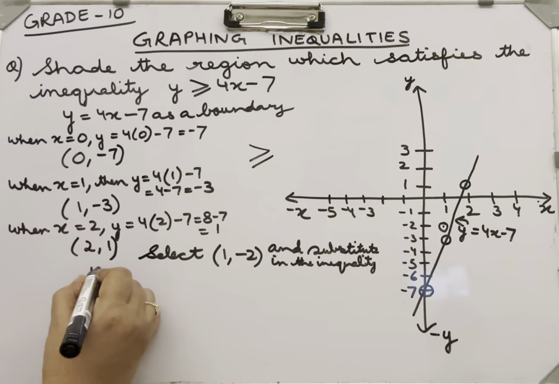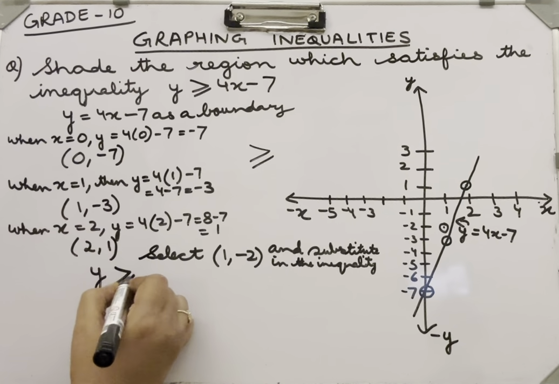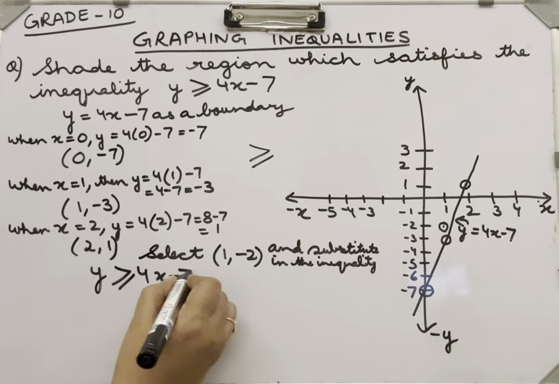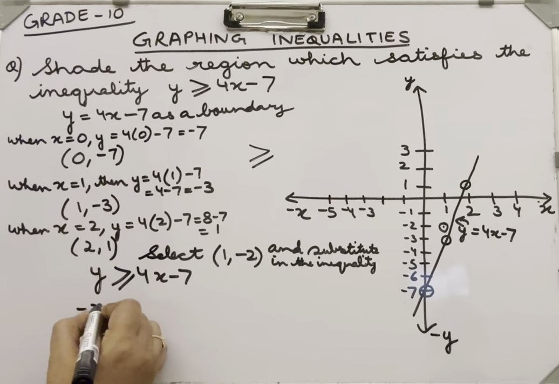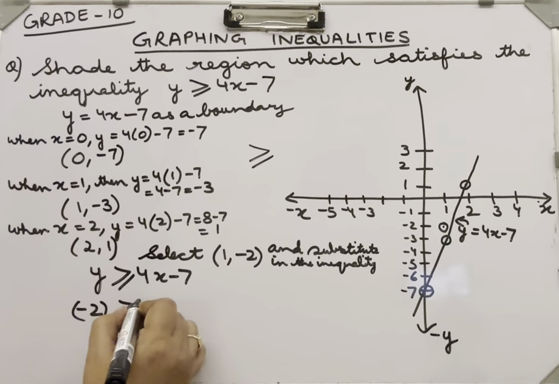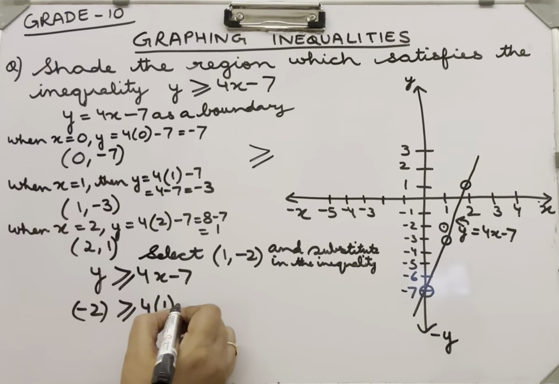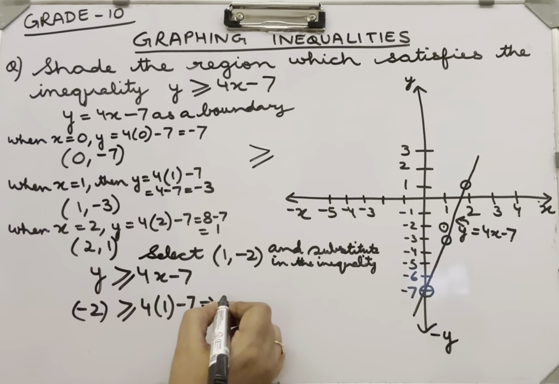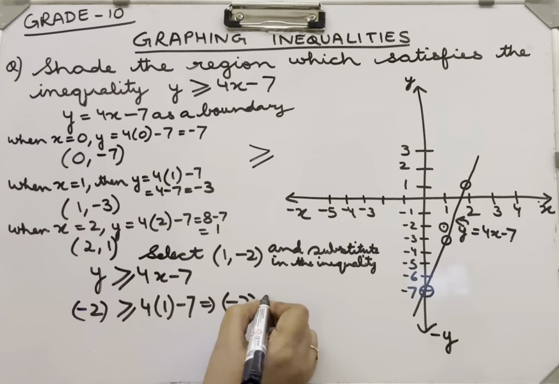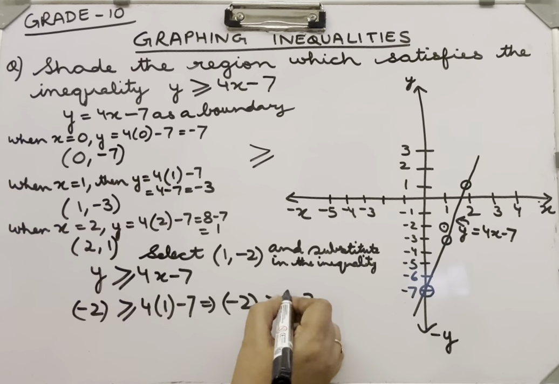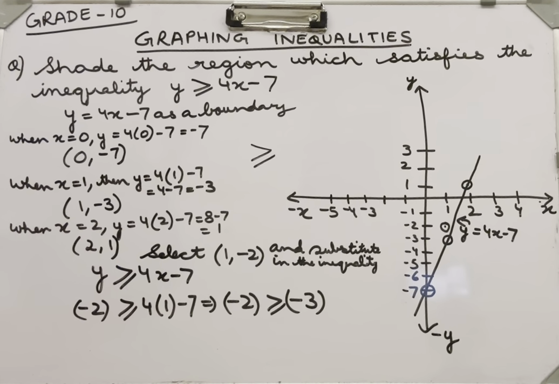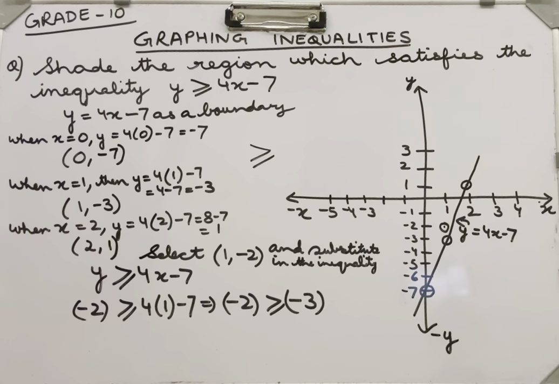So we know the inequality given is y greater than or equal to 4x minus 7. Now substituting these values, what do we get? Minus 2 greater than or equal to 4 multiplied by 1 minus 7. So minus 2 greater than or equal to 4 minus 7, which is minus 3. So minus 2 is greater than or equal to minus 3.